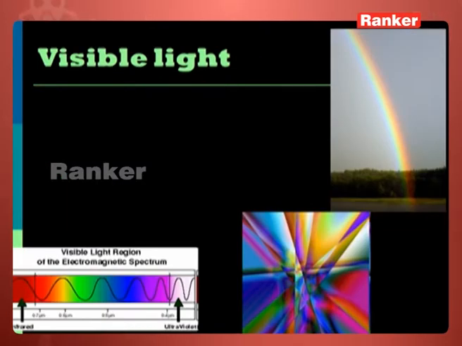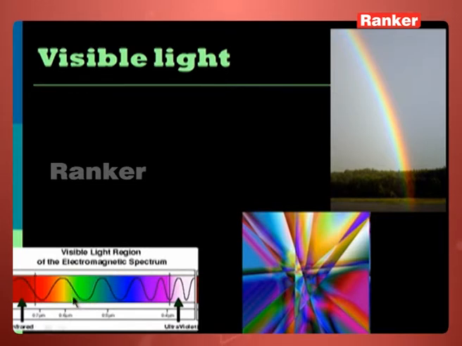Now visible light. The range of visible light is from red at 7000 angstrom, that is 0.7 micrometer, to violet at nearly 4000 angstrom, 0.4 micrometer. This entire range is visible light, and our eye is especially sensitive in the blue green and yellow green region.